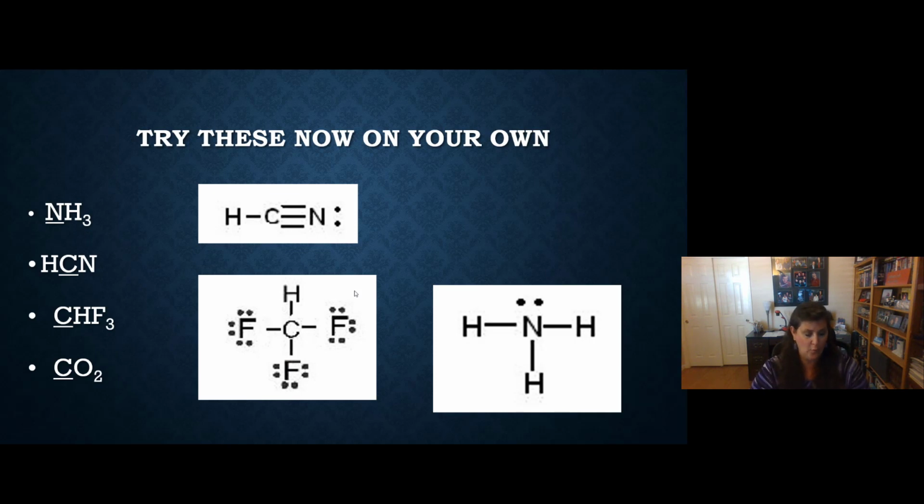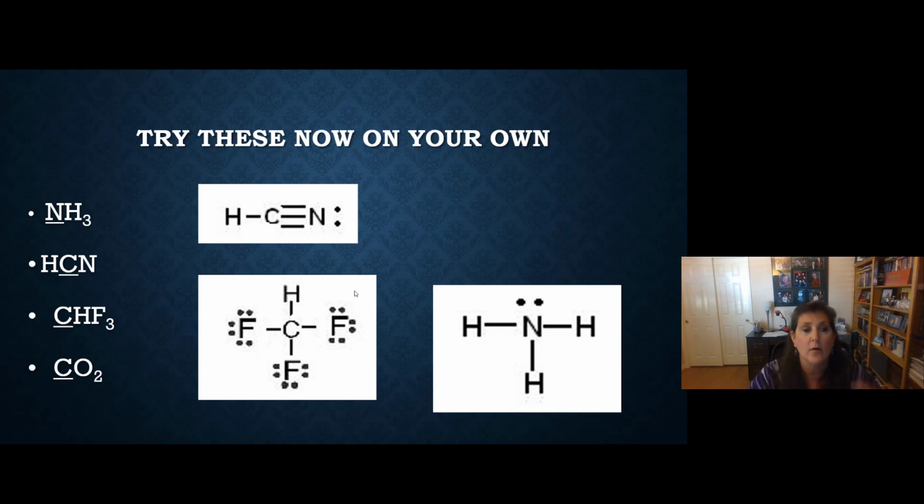Carbon has 4. Hydrogen has 1. That makes 5. Plus fluorine has 7 times 3 is 21. 21 plus 5 is 26. So remember, 26 electrons is what we need in the drawing.